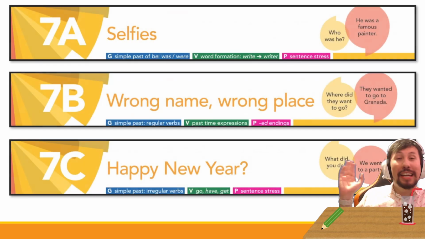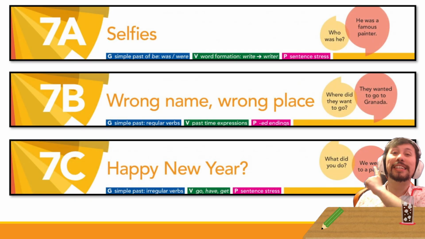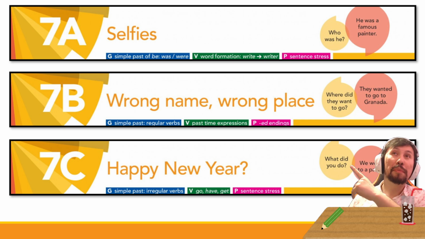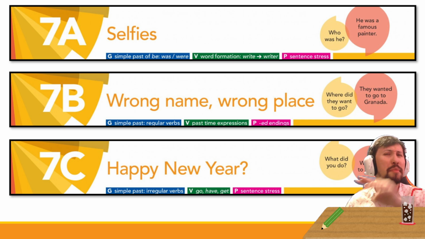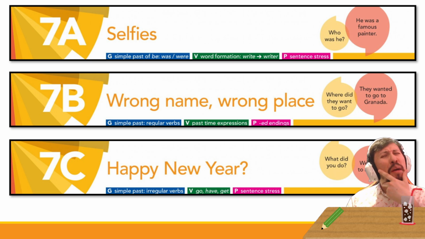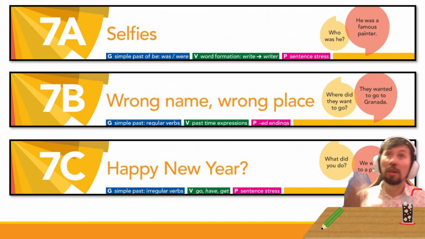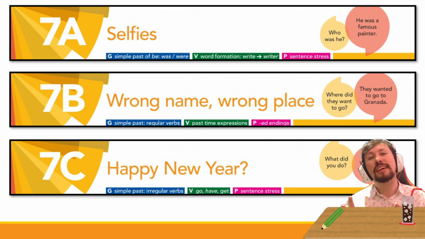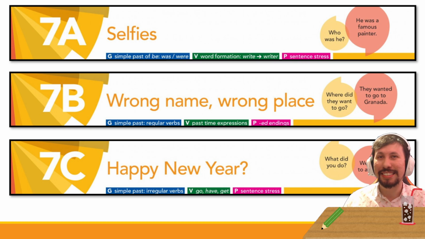And we have a lady taking a selfie because that is the name of file 7a. 7a is called Selfie. 7b is called Wrong Name, Wrong Place. 7c is called Happy New Year. So we have these 3, yes? All 3 of these units talk about the simple past.